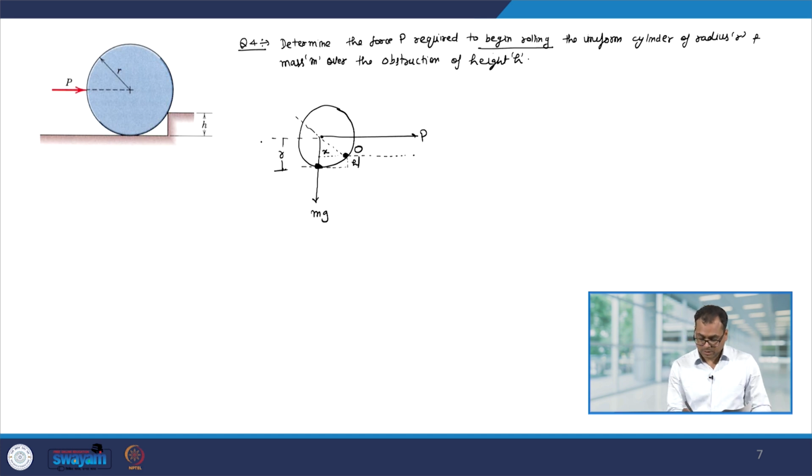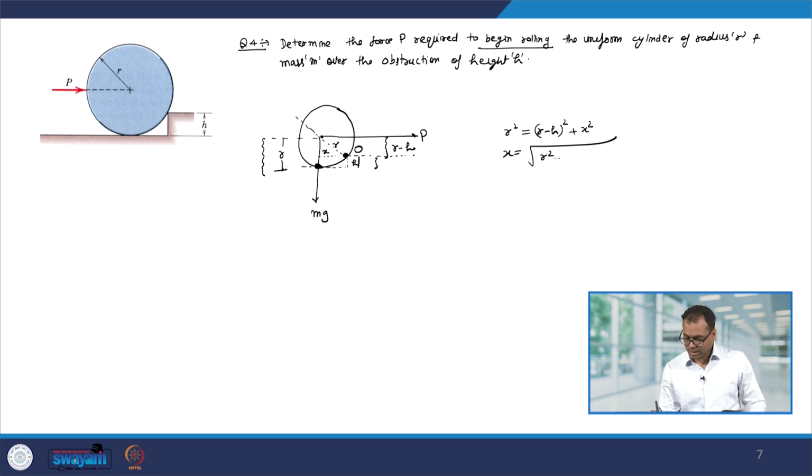Since this distance is r, this is h, this will be r minus h, and this is r. So, we can find x, because r square is equal to r minus h whole square plus x square, or x will be square root of r square minus r square minus h square plus 2rh. This will get cancelled, and x will be square root of 2rh minus h square.